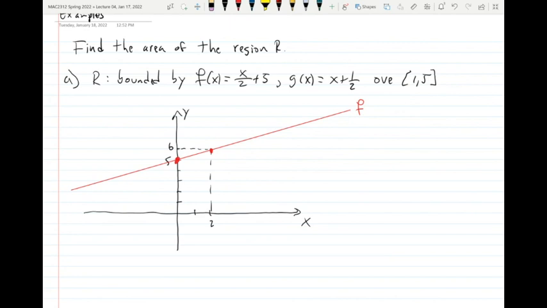Now let's draw the function g. Once again, the function g is increasing, the slope is 1, and the y-intercept is 1/2. So it's going to go through this point right here, and the slope is 1. Instead of doing that, let's find the x-intercept. If we set this equal to 0, x is going to be -1/2, right?